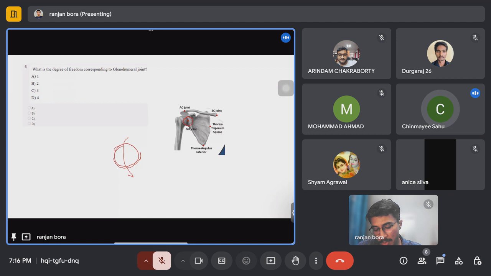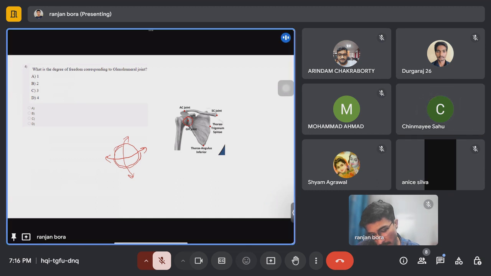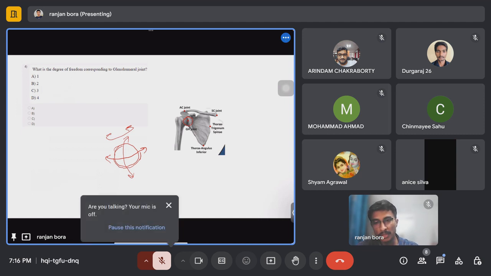We can only have these movements, so we can have 3 rotation movements. That's why this has 3 degrees of freedom.